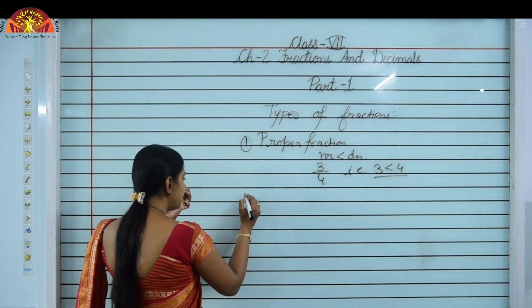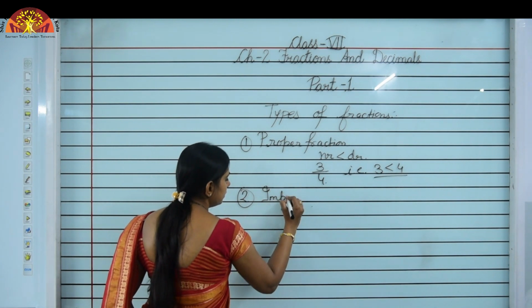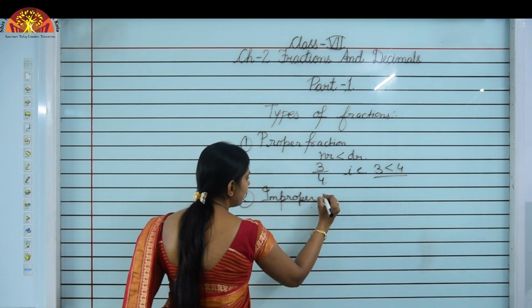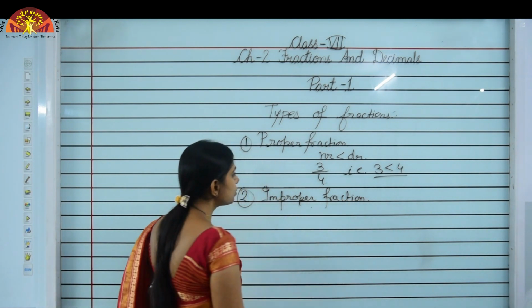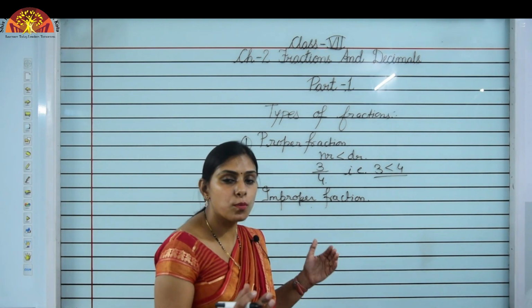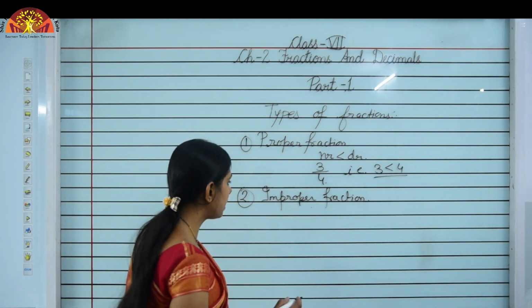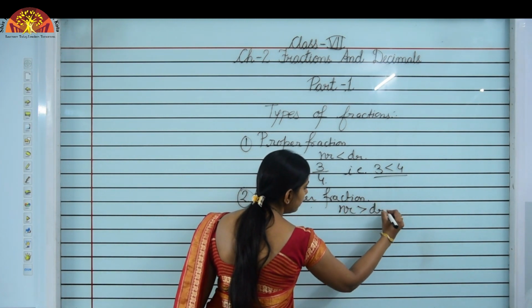Now the second one is the improper fraction. Improper fraction is just vice versa of the proper fraction. Improper fraction जो होता है वो proper fraction का just reverse होता है. That is, when the numerator is greater than the denominator.